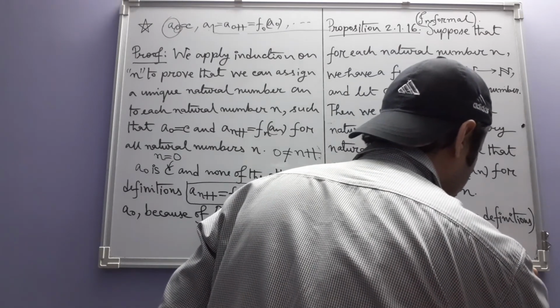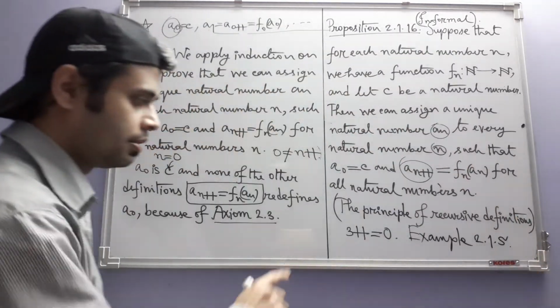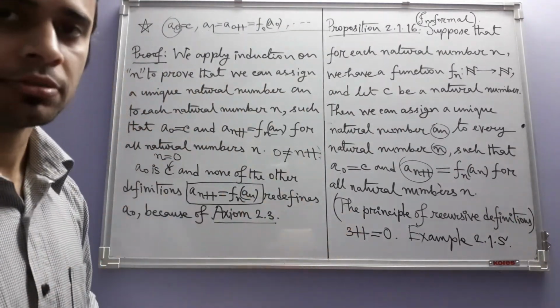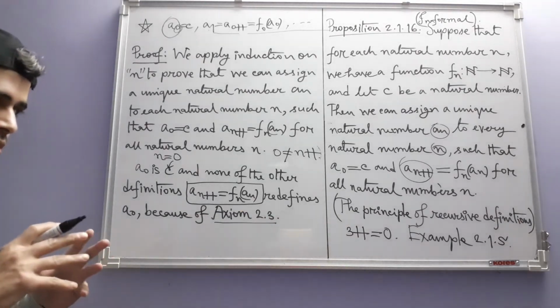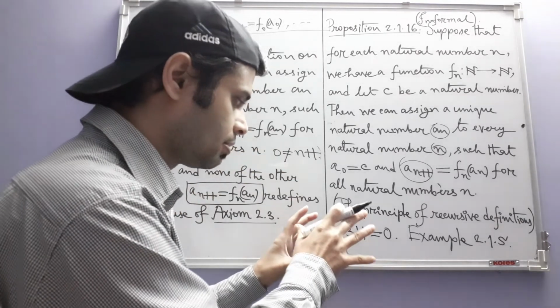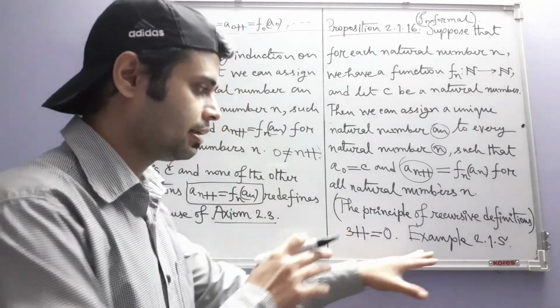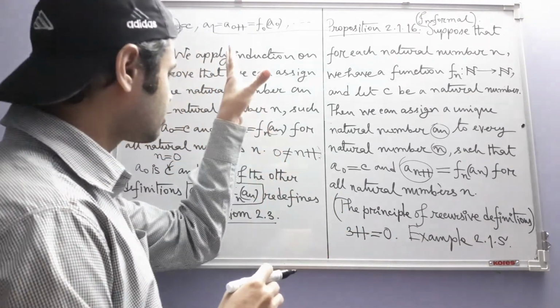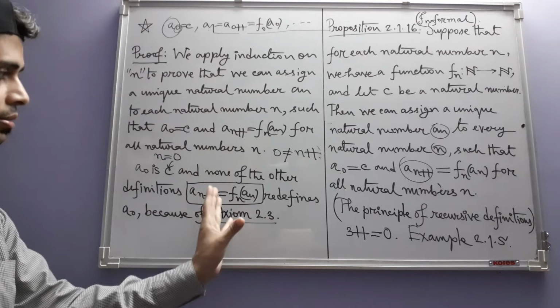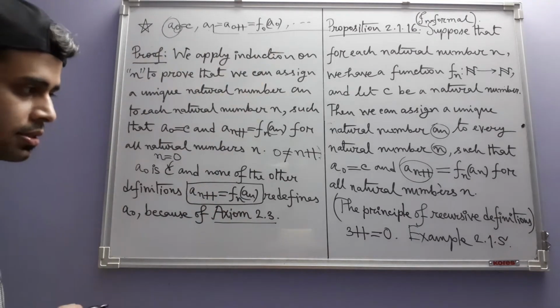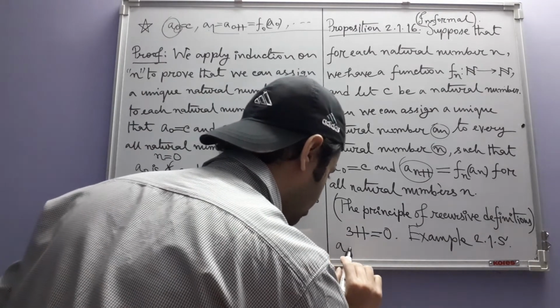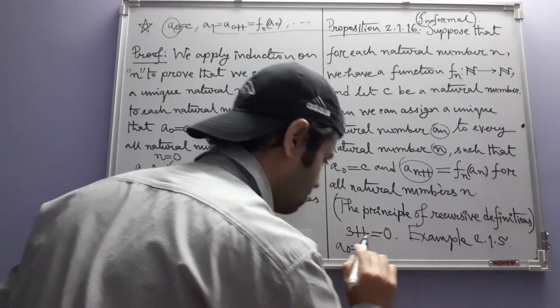If you go back to that example, you will see this. If on this number system I try to apply my induction procedure to define a sequence like this, then my a naught will be c, that is fine.